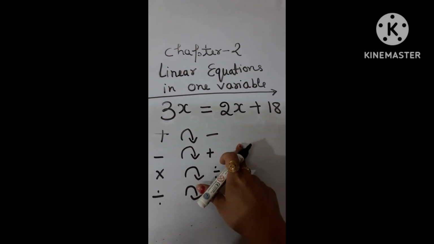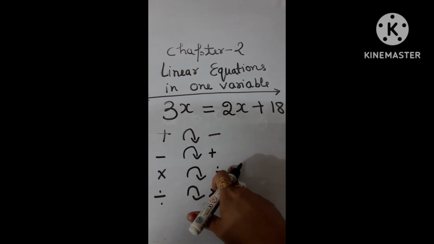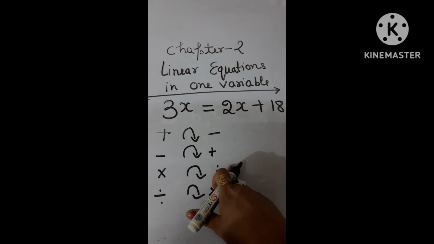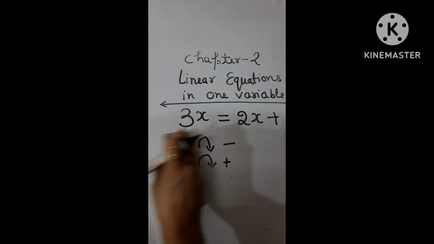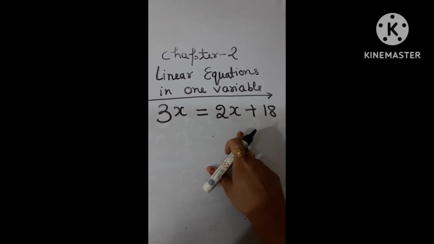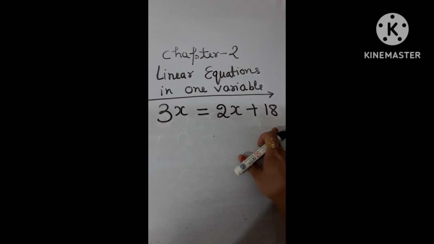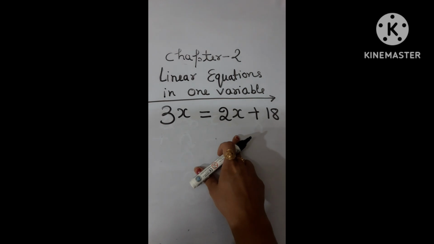Okay, so the first step is to check what are the variables involved, and the second step is to change the sign of the variables or the constants involved in the equation. Okay, so now let's solve this equation. We have checked here that 3x and 2x are the variables and 18 is the constant. So I will be changing the side of this 2x.